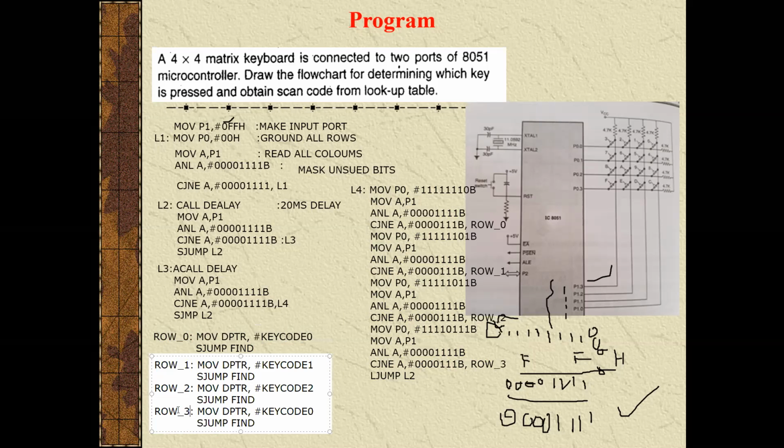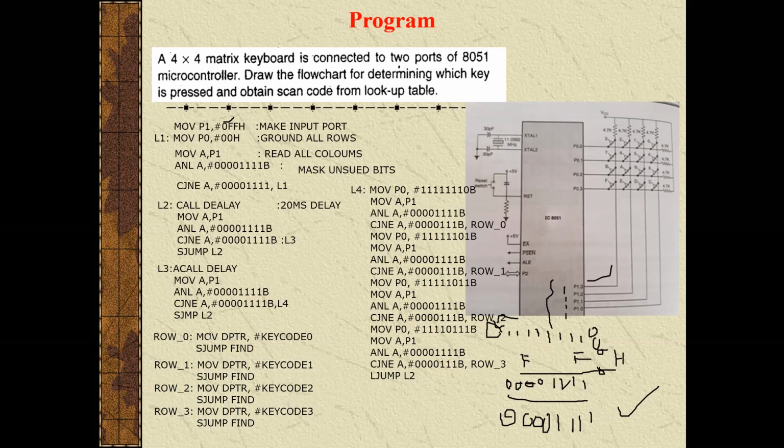If you want to understand the concept, then it will be very easy to write the code. If these two data are not the same, then it will jump to row 0. Row 0 is here, it will come here. It means some key is present in that particular row. If any key is pressed in this particular row, it will come here.